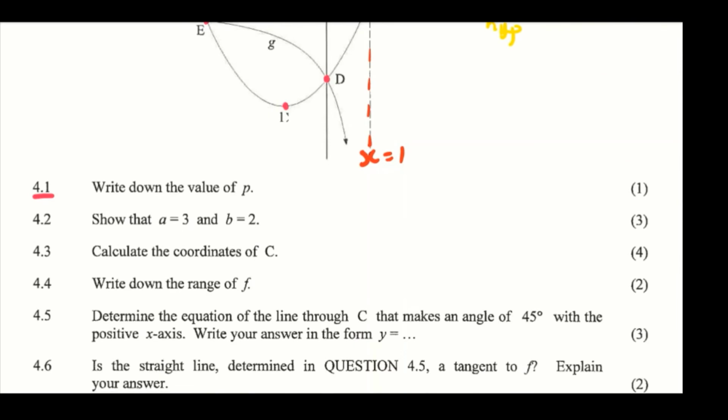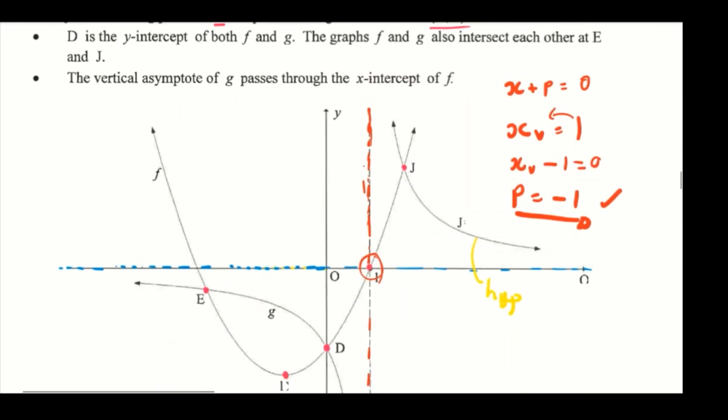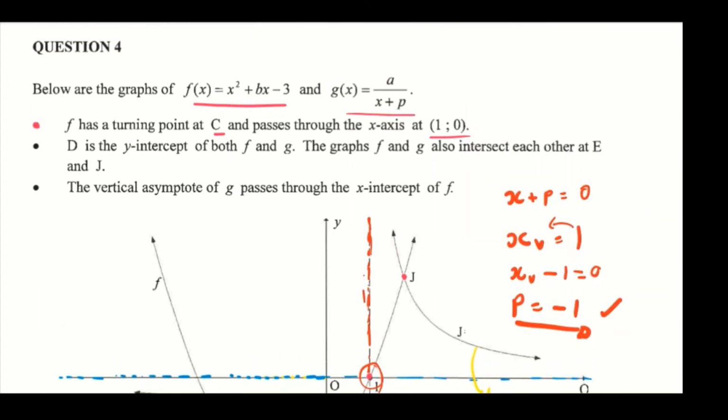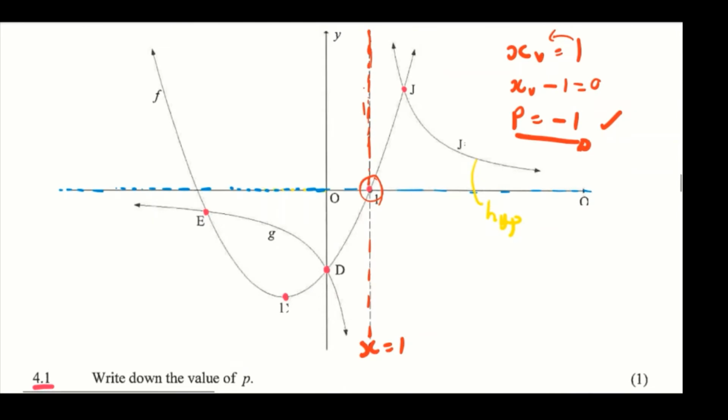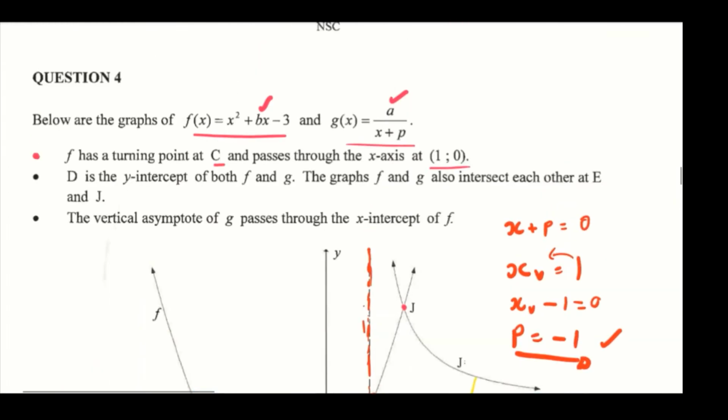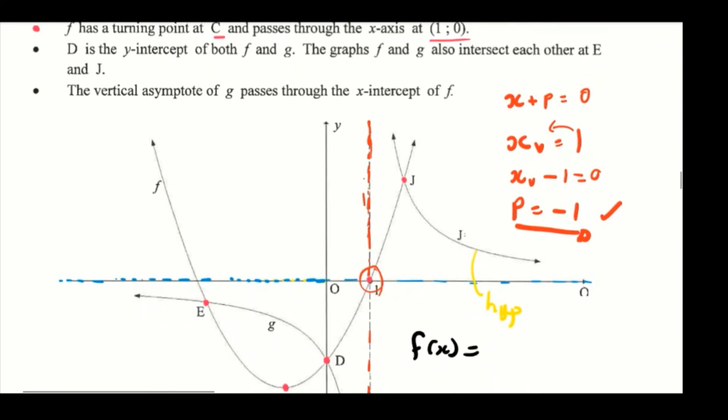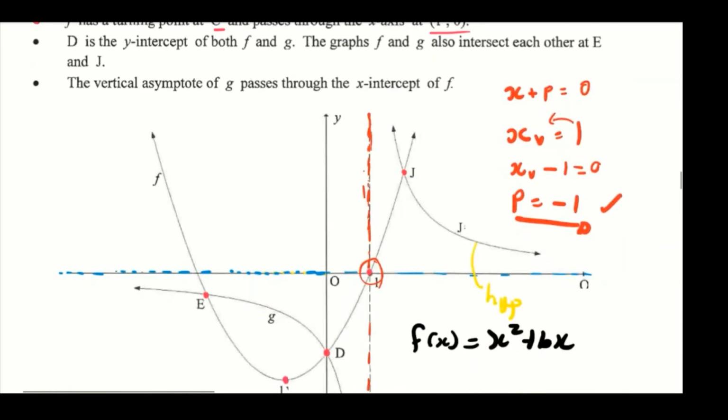Then 4.2, we are asked to show that A is equals to 3 and B is equals to 2. So for us to show this value of A and this value of B, we need to go to our graph, because we're having f of x being equals to what? x squared plus bx and then minus 3, right?